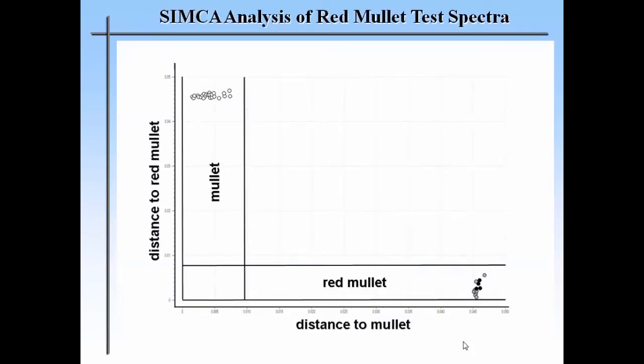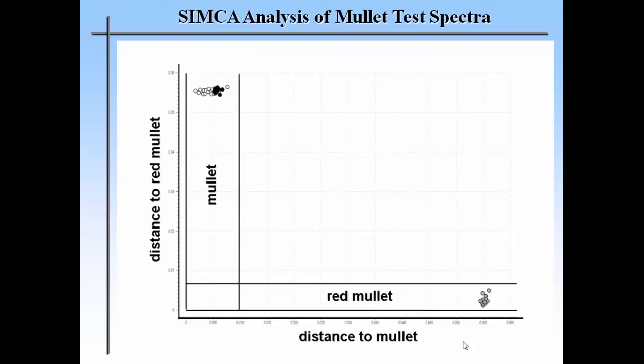So this was the starting position here, the grays, but the blacks were the test. So it was an expensive fish, and it was correctly identified. And this was the other case where we tested a cheap fish, and it ended up in the correct class of the cheap fish.